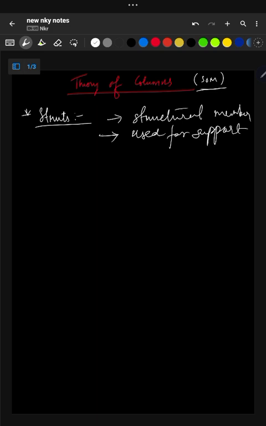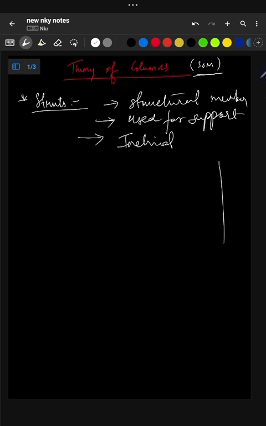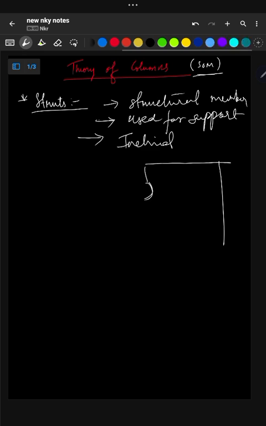If we talk about how it looks, let us take the example of a crane. This is the whole structure, and we provide a strut here to support it. As we can see, it is at an angle. This is known as a strut.